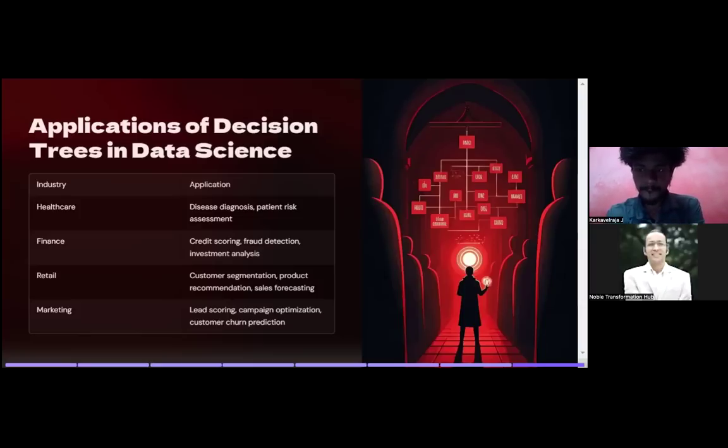There are a lot of other segments where you can use it, but it depends on the characteristics of data and the objective function, the problem statement you have, because you need to choose the right model, the best fit, as per the objective function and the characteristics of data. Let's move to the other section.